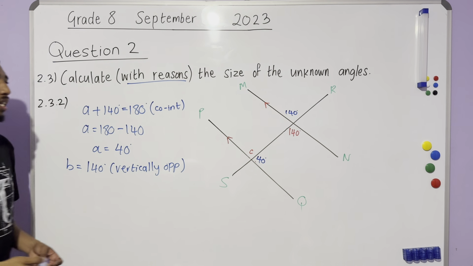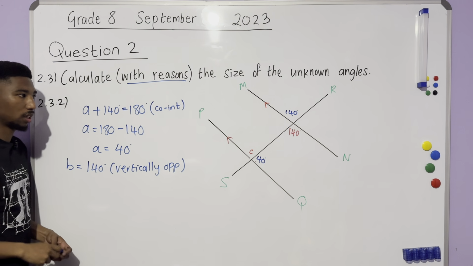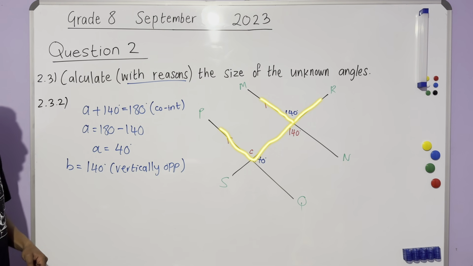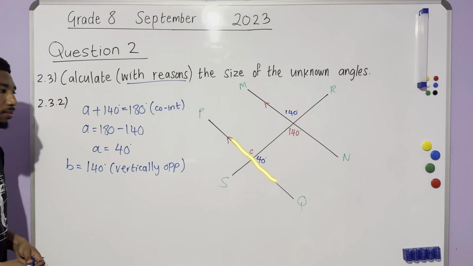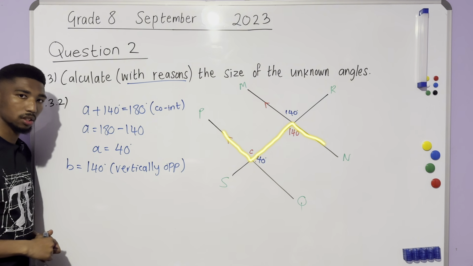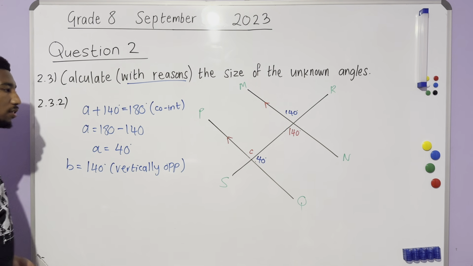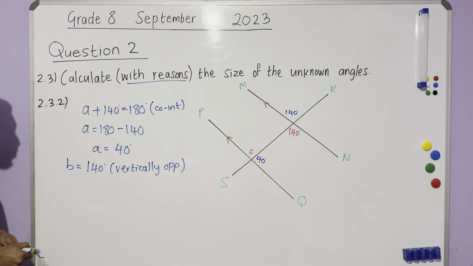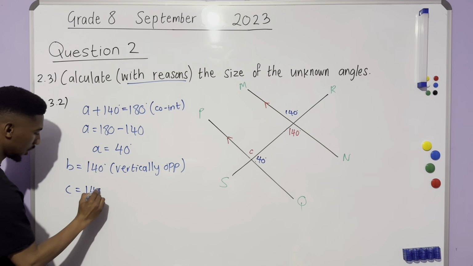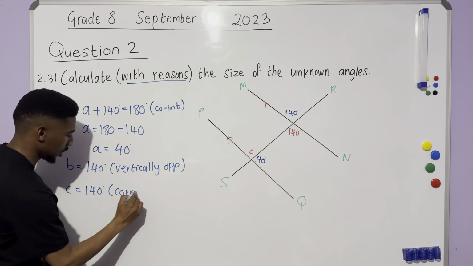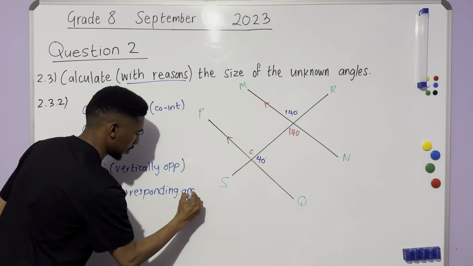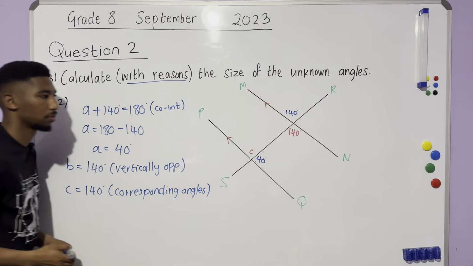There is corresponding, there is straight line, and there also is alternating angles to do C. Whichever one suits you. I'm going to go with C equals 140 degrees because of corresponding angles.